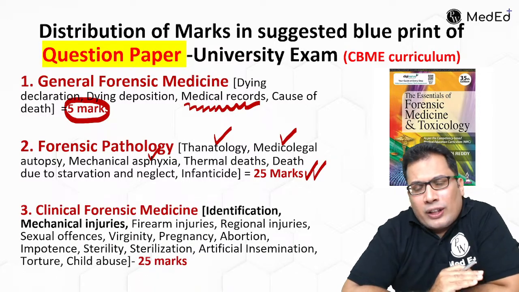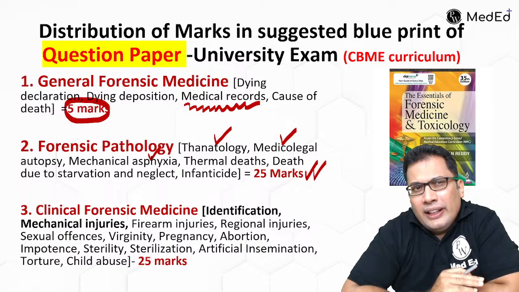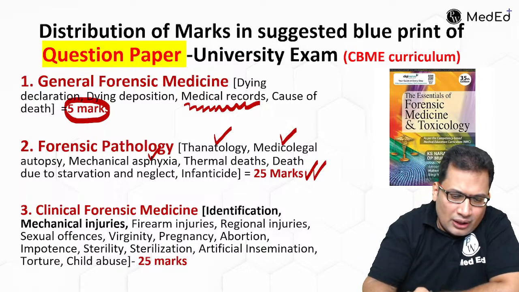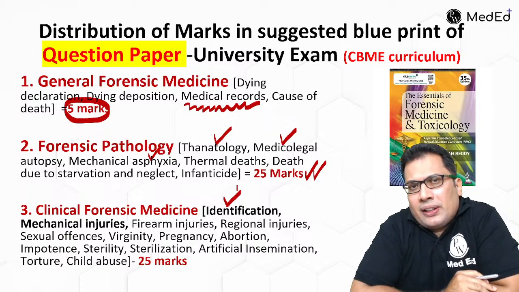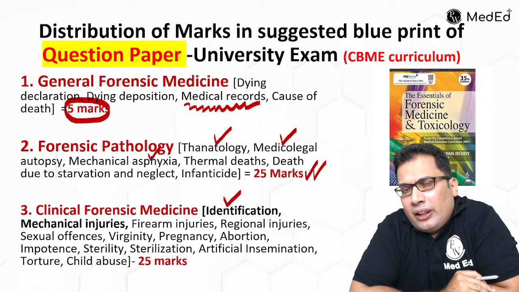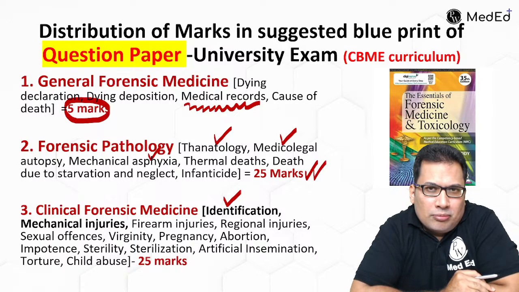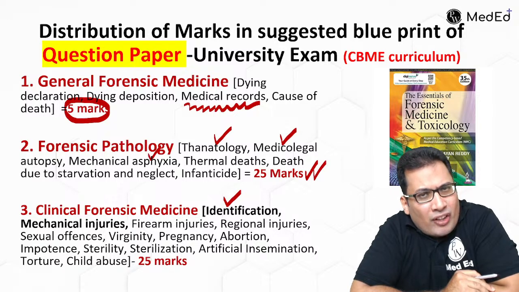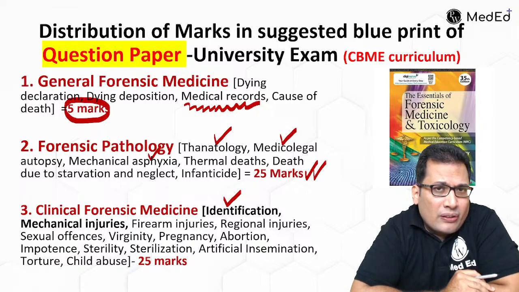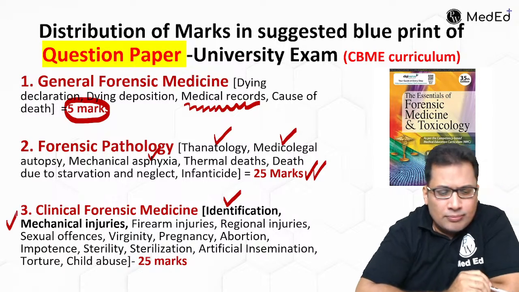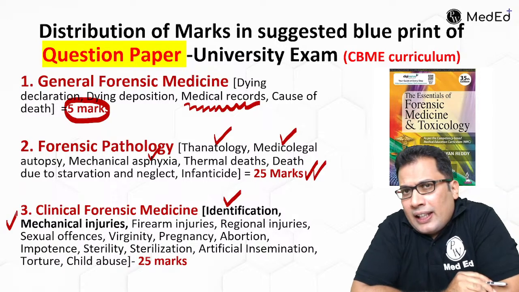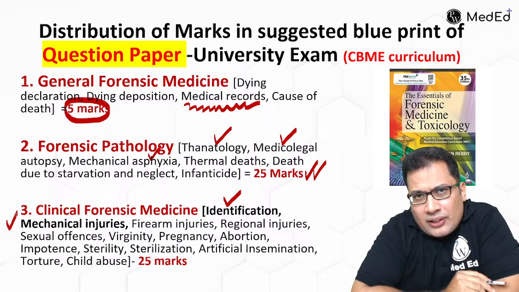Then clinical forensic medicine. Clinical forensic medicine means identification. One frequently asked question is dactylography or fingerprint. Very frequently asked, 5 marks question, 3 marks question. Mechanical injuries, very commonly asked in practical forensic medicine and viva.